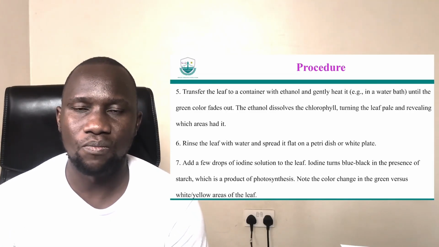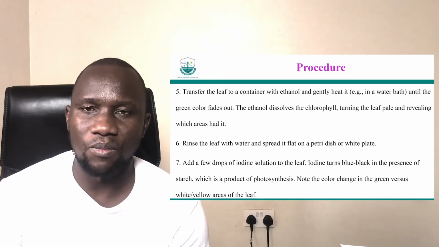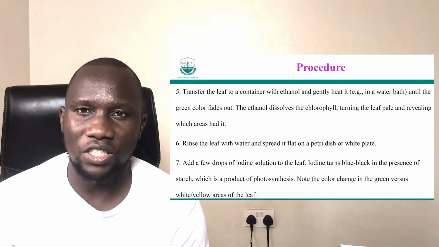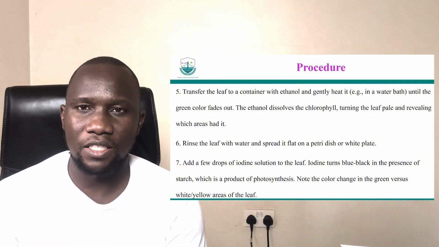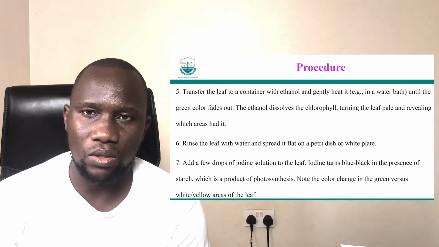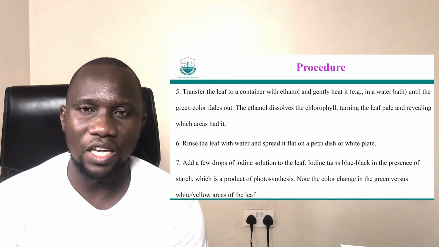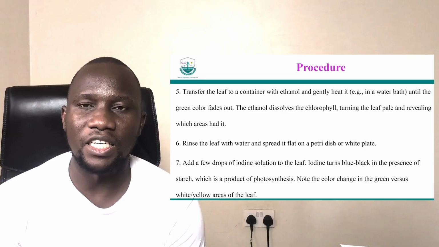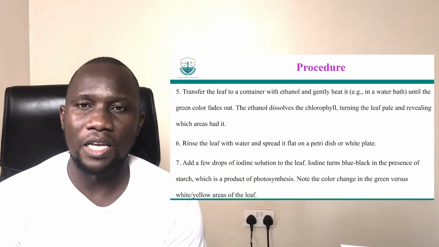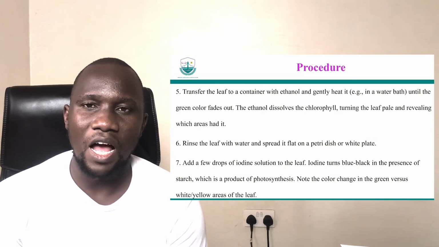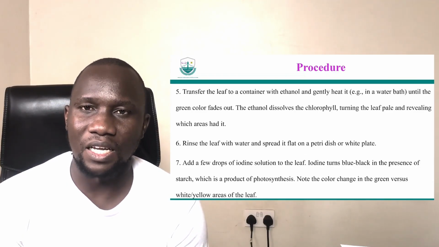The next thing you do is transfer this leaf from the boiling water to another container that contains ethanol. Put that container in another beaker that contains water, and then heat the leaf in ethanol until the leaf loses its green color, that is, decolorizing.